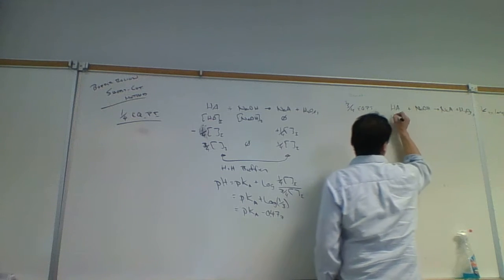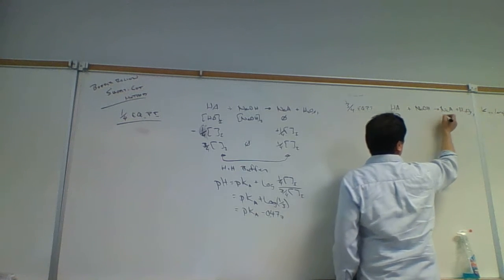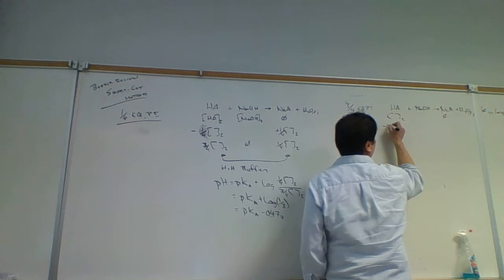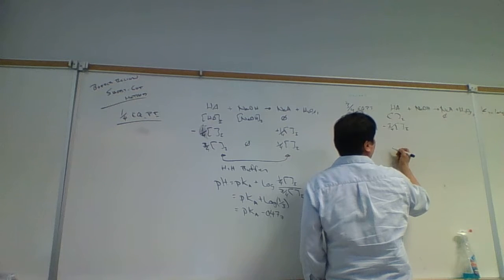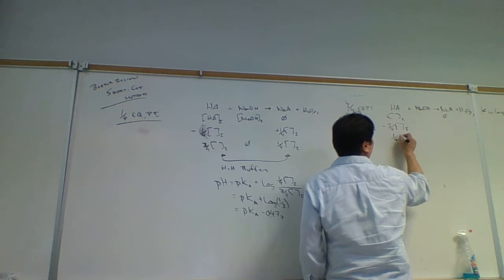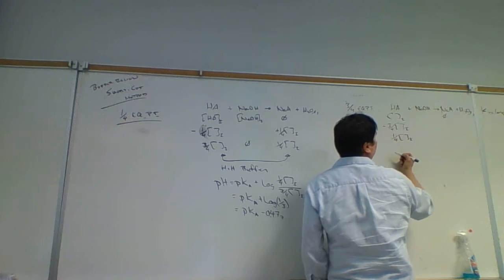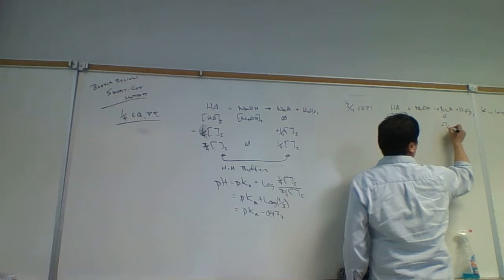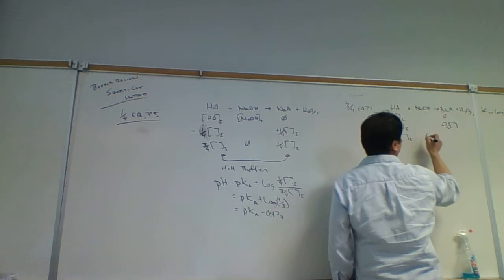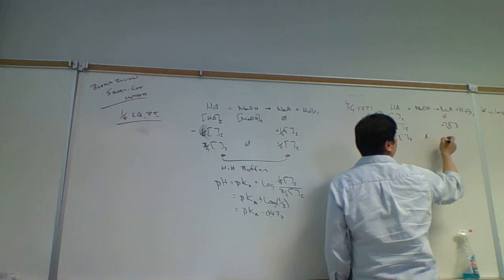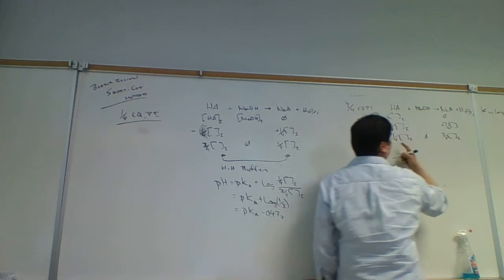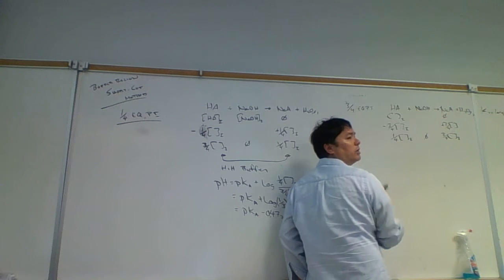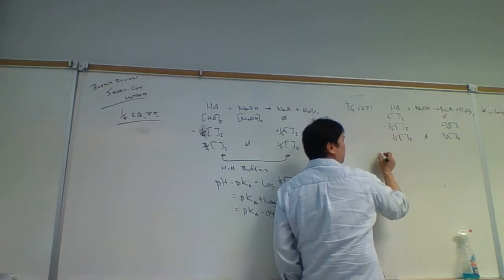Here we have our initial, this will be 0, and we're going to lose 3/4 of our initial. That leaves us with 1/4 of our initial left unreacted, but we're going to gain 3/4 of our initial here. The sodium hydroxide is completely consumed, so it goes to 0. And so we end up with a 1/4 to 3/4 ratio. It's going to be the opposite.